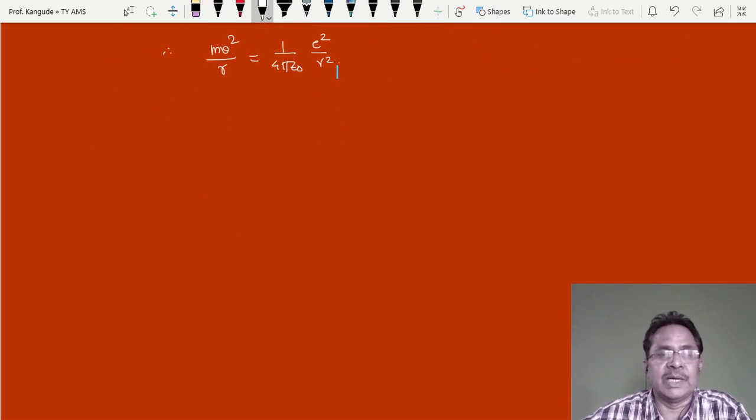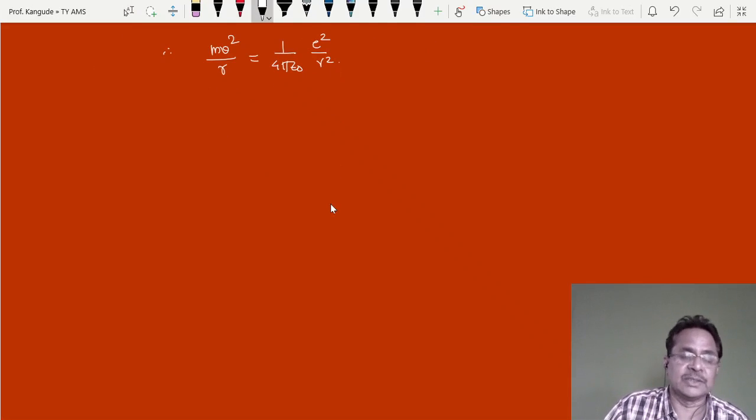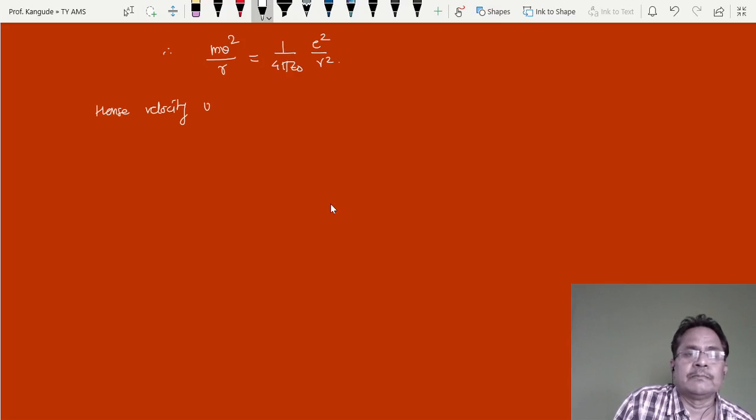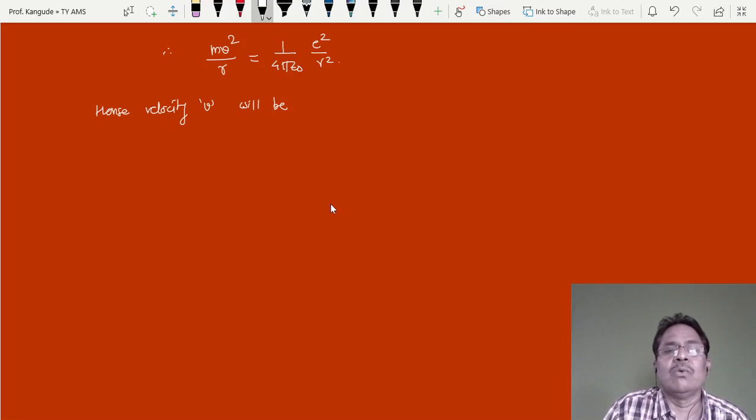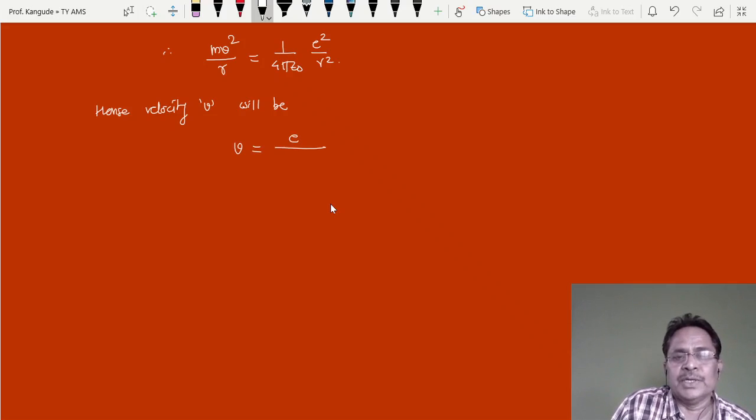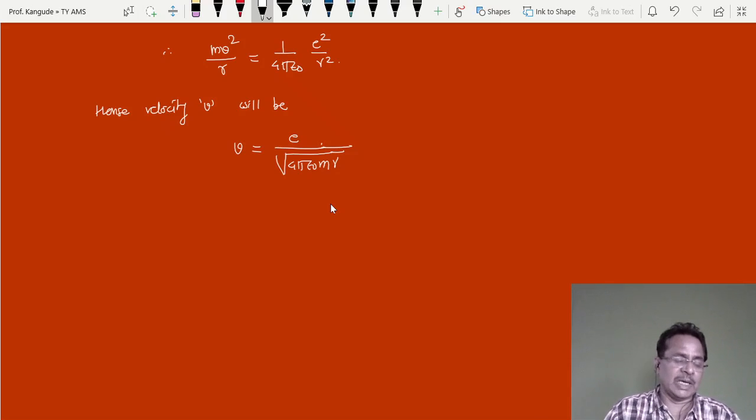It's a very simple relationship, and hence we can calculate the orbital velocity V. Solve this: one of the R will get cancelled, the m can be taken across, and we get V square is equal to 1 upon 4 pi epsilon 0 into m into E square upon R. Taking the square root, I get V is equal to small e upon the square root of 4 pi epsilon 0 m into R. This is the relationship for the velocity.